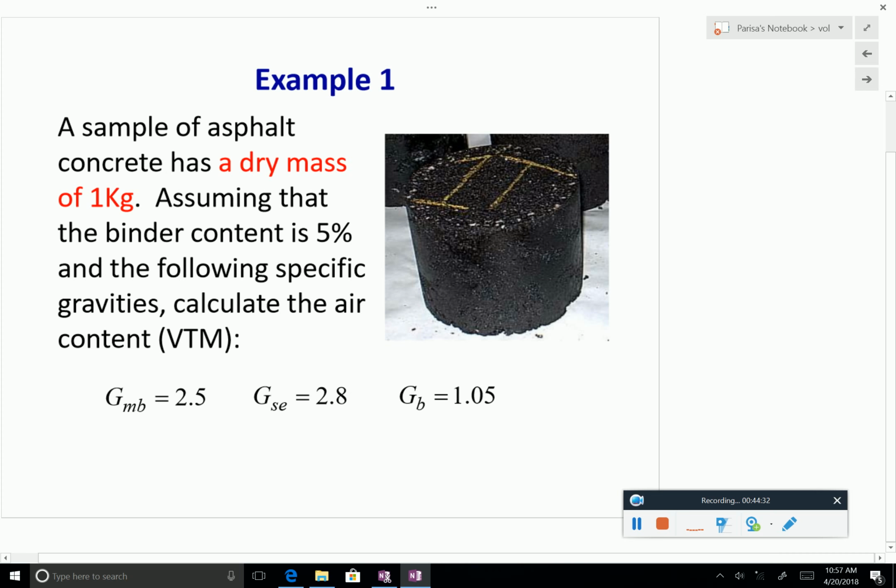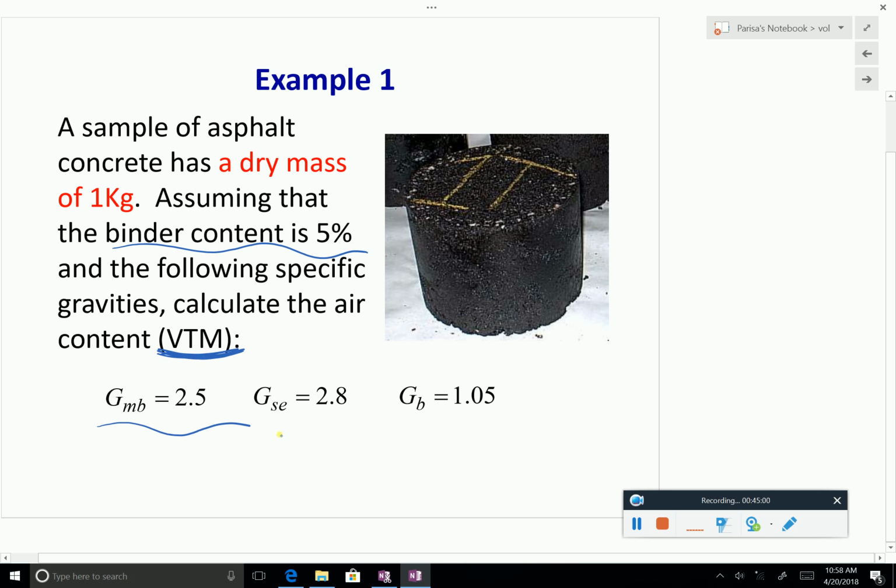Okay, so example one. In your homework there are two problems which require these volumetric calculations. The first one, you have a dry mass given, you have the binder content, and you want to calculate VTM.